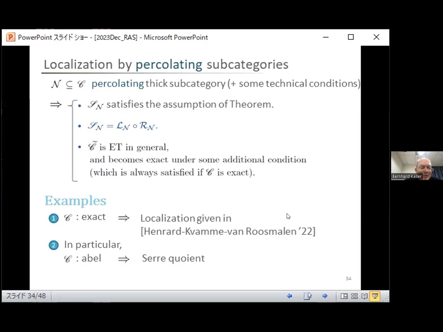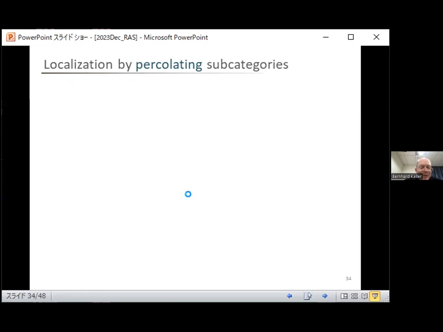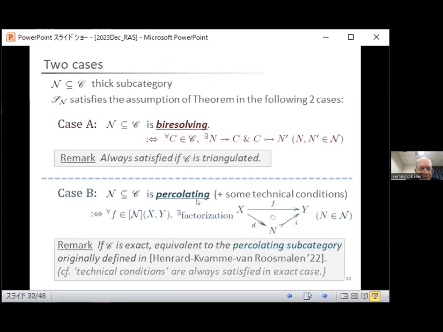Would this fit into the picture? And in this case, in the first step, would you take the ideal quotient by all acyclic complexes?